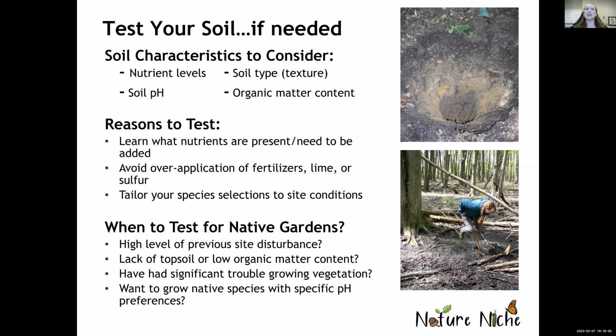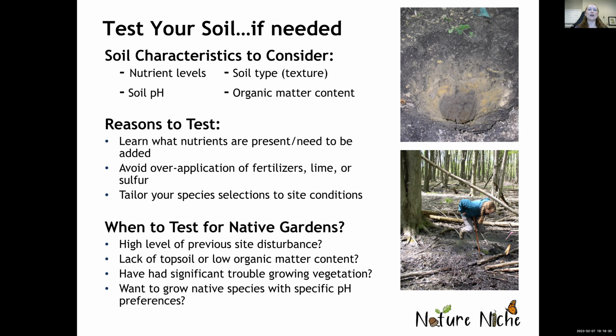So when should you test for native gardens? I would say you only need to do this if you know you've had a really high level of previous site disturbance, if there's a visible lack of topsoil and you suspect low organic matter content, or if you've had significant trouble growing vegetation in the past, that's a red flag.